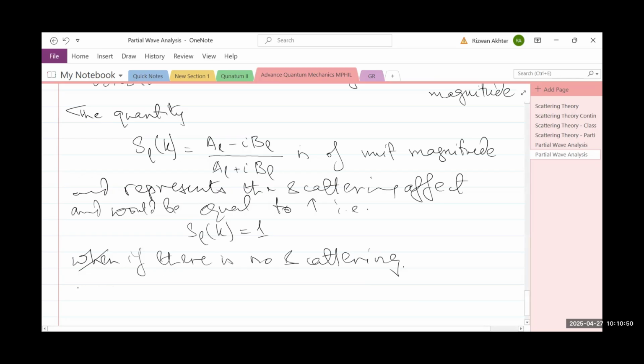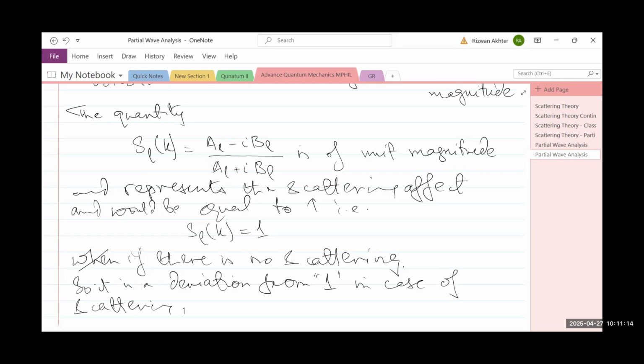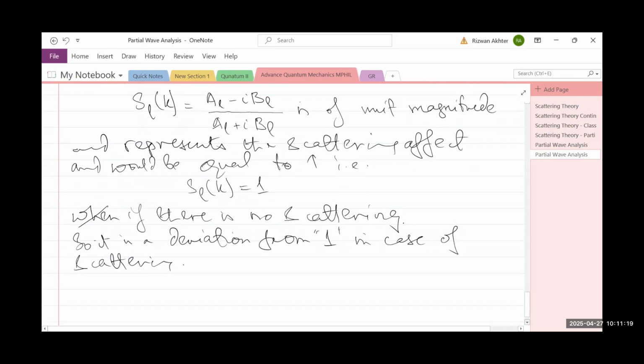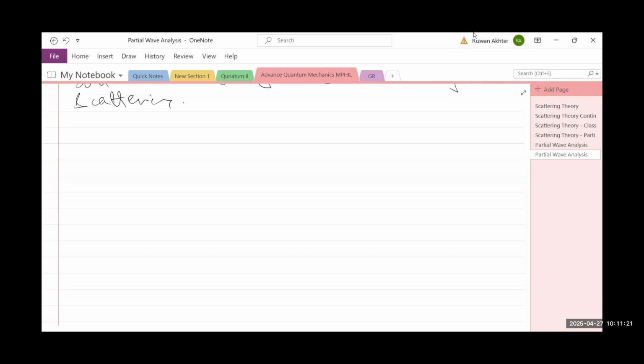So it is a deviation from one in case of scattering, and this is in fact known as the S matrix.